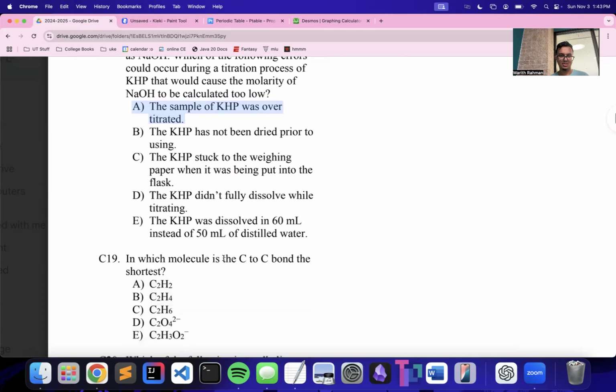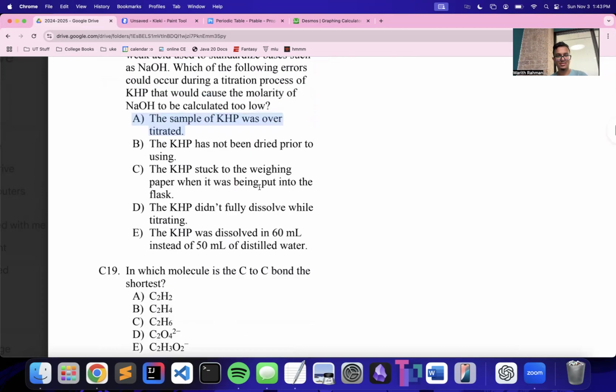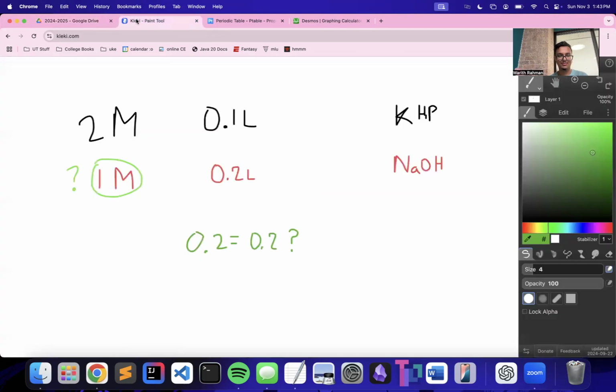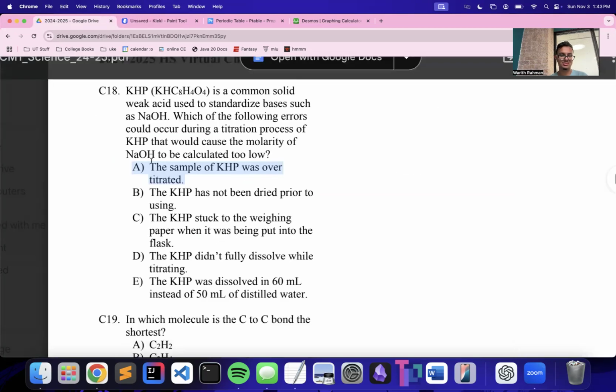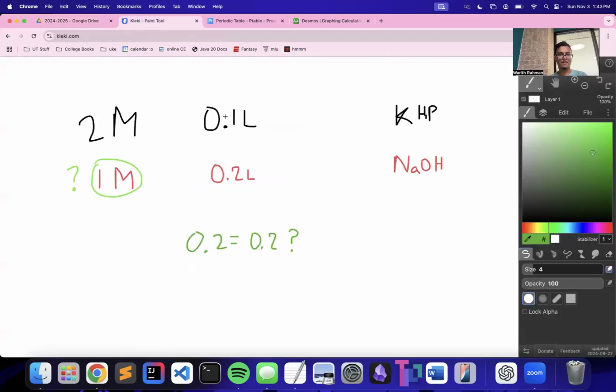And then E, the KHP was dissolved in 60 milliliters instead of 50 milliliters of distilled water. So I did say 0.1 and 0.2 liters, but we'll say that that's the same thing. We didn't realize here that the 0.1 is actually more than 0.1.